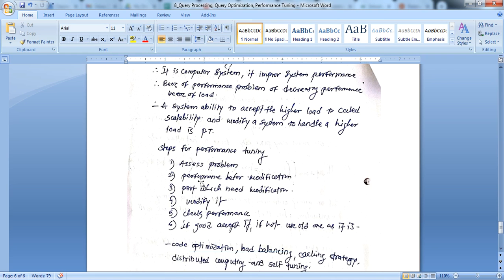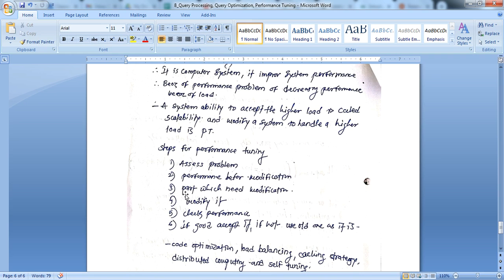Then the steps of performance tuning. First, assess the problem, what exactly the problem is. Then check the performance before modification, how exactly the existing system gives output, and whether we want to make it scalable or improve its performance.